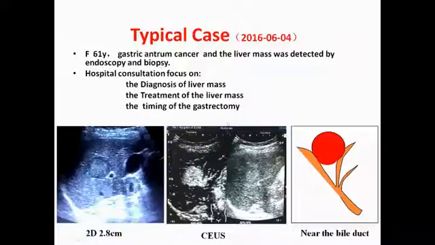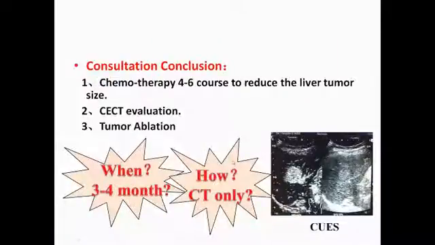At the end, the consultation conclusion was as follows. The first step is chemotherapy, 4 to 6 courses, to reduce the tumor size in the liver, and then we use CT to evaluate the treatment efficacy. If the tumors become smaller, we use tumor ablation.